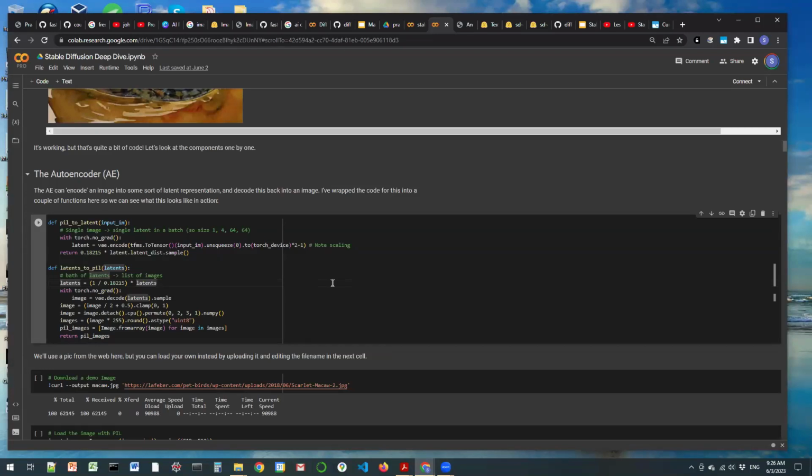So if you do the math, you will be at 3/4 of, is it 3/4 or 4/3? I always get confused, but one of them times whatever the ratio of 512 by 64 is. You'll find that it is 48 times less in terms of calculations when you operate in the latent space.